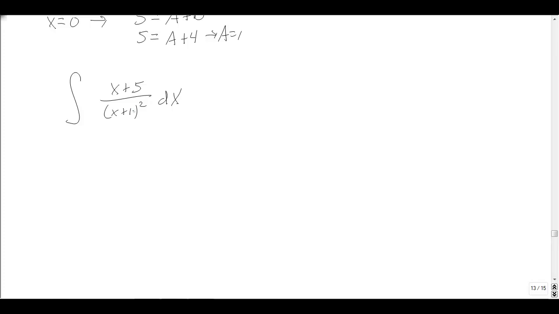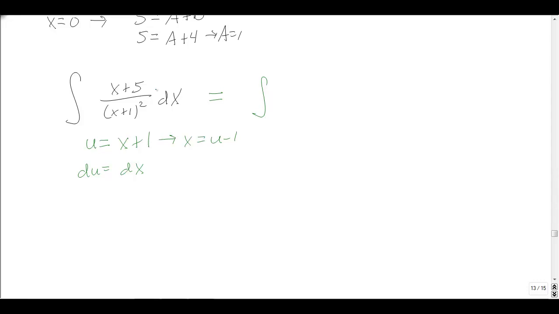I see this (x + 1) squared on the bottom, so I'm going to let u be x + 1. Note that x is going to be u minus 1, and du is dx. This is a totally different way to do this problem, and hopefully I get the same answer.